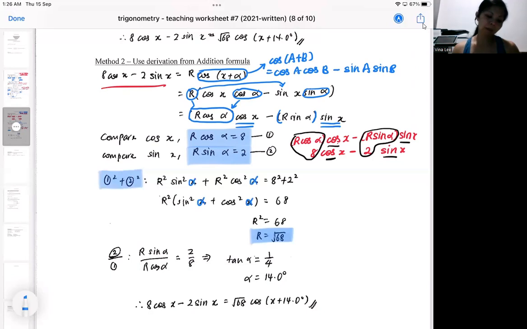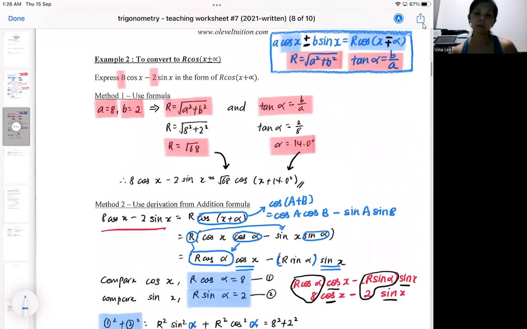After that, I'm still doing the second equation divided by the first equation. When I do that, I get a tangent, and I get my alpha. So I'm getting the same R and the same alpha with method 1 and method 2. It shouldn't give you a different value of R and alpha.